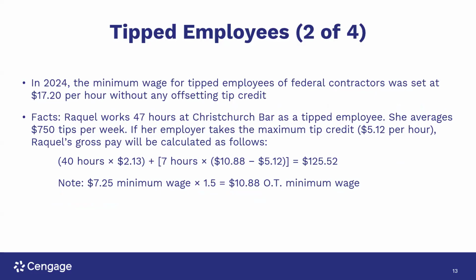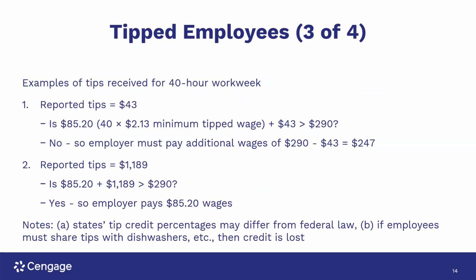Well, 40 hours times $2.13 for the 40-hour regular pay, plus 7 hours times 10.88, which is time and a half the minimum wage of $7.25, minus the $5.12 tip allowance, comes out to a total of $125.52 for the week. And once again, the minimum wage for tipped employees of federal contractors is $7.20 per hour, and there's no offsetting tip credit allowed.